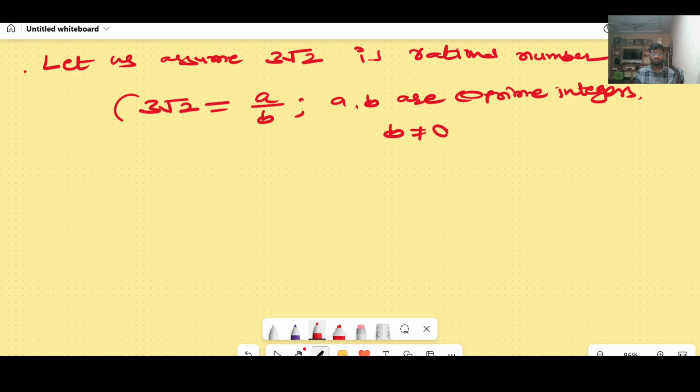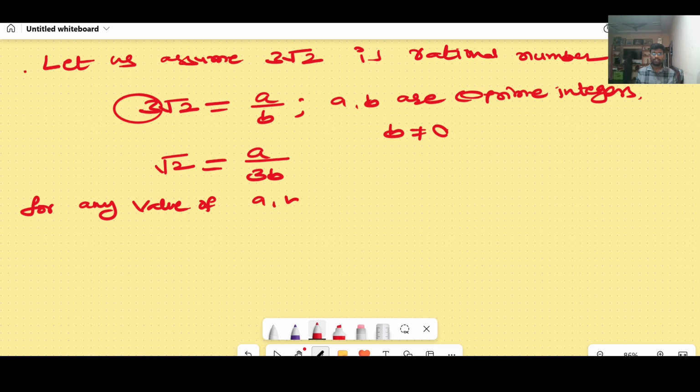And now I will transpose this 3 to the right hand side. It will divide whatever the numerator is there, and this will become 3b. Root 2 equals a by 3b. Now for any value of a comma b, a by 3b is a rational number, right?